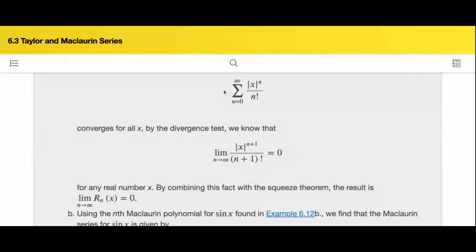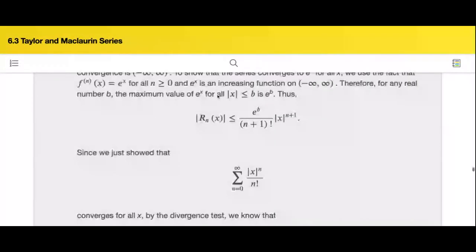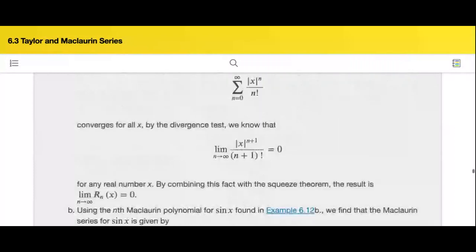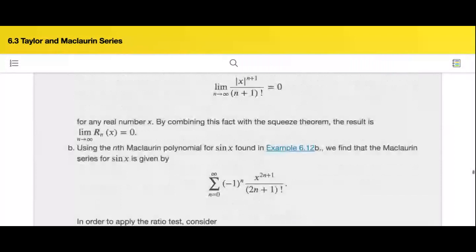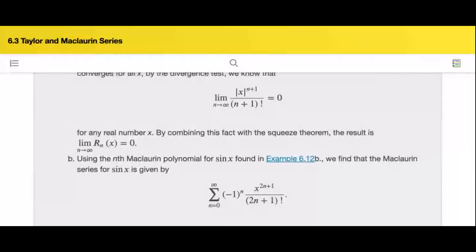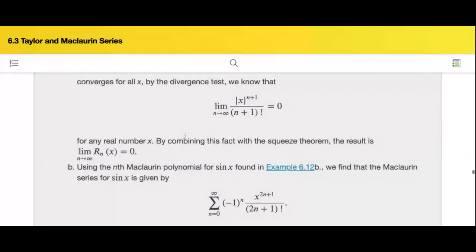If we do choose e to the x, so we get this, e to the x converges at all real numbers because the n plus 1's term goes to 0. Okay, anyone has any questions?